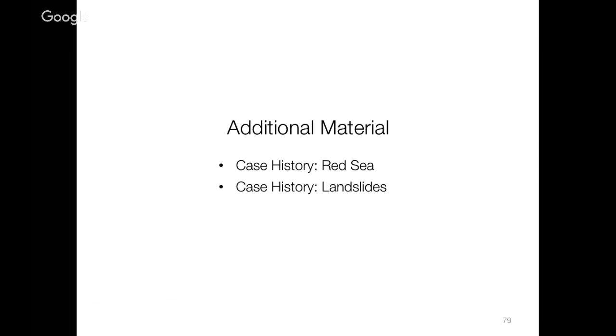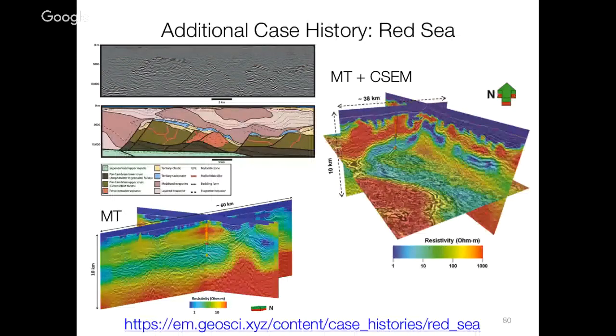There's additional material, Red Sea work, landslides, lots of stuff. For those people who are seismologists in the Red Sea, this is what they're up against. This was the seismic data that they were getting, and this is a sign of the geologic structure that was obtained.